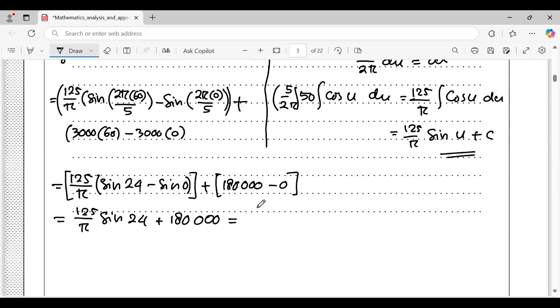And this is 180,000, 38.5 centimeters cubed. So if we compare, this is the rainwater fall.